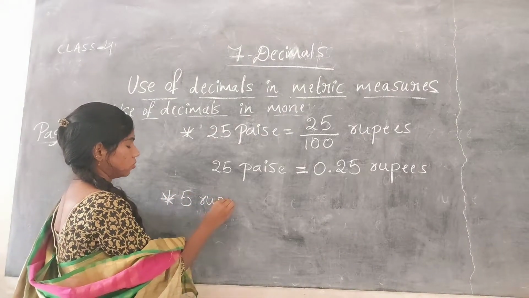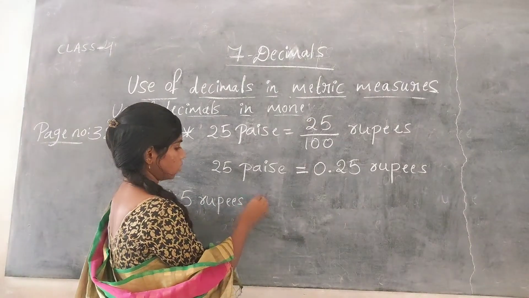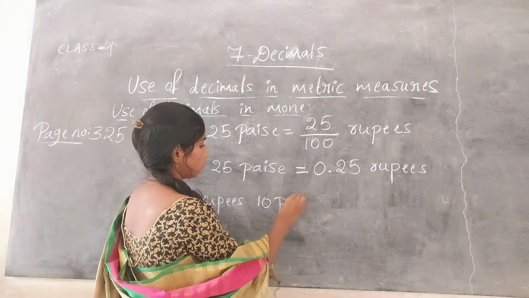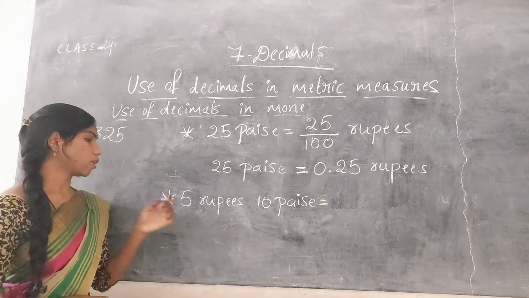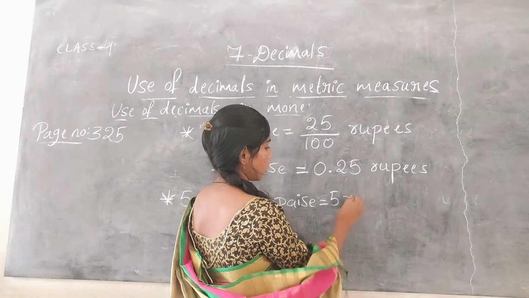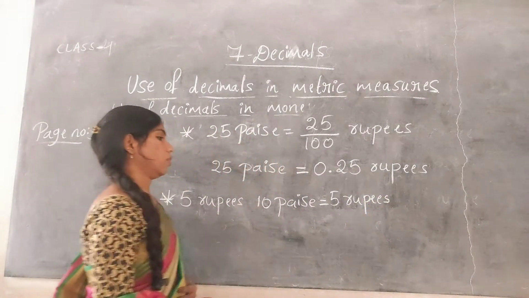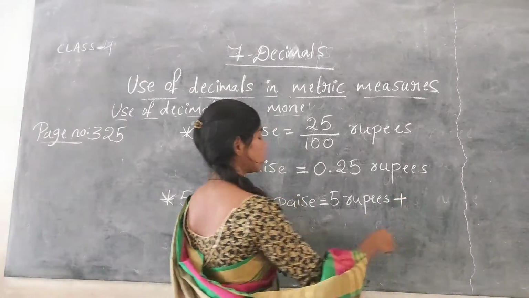5 rupees 10 paise. So write 5 rupees as it is, plus, put the addition sign.